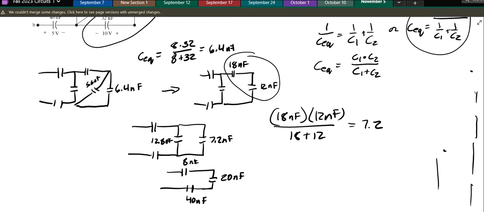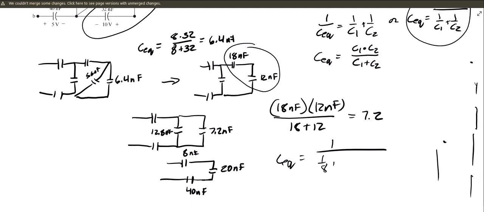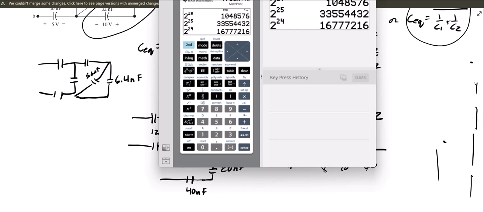So I have 3 capacitors here in series, and so if I wanted to do all 3 of them at once, then I can't use product over sum. So instead, what I can do is I can say that my equivalent capacitance is 1 over the quantity 1 over 8 plus 1 over 20 plus 1 over 40, which is not so bad if you have a good enough calculator.